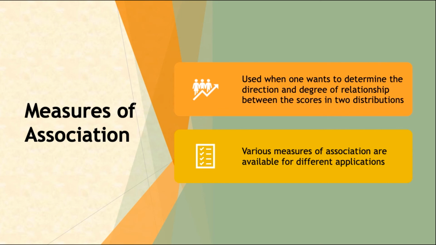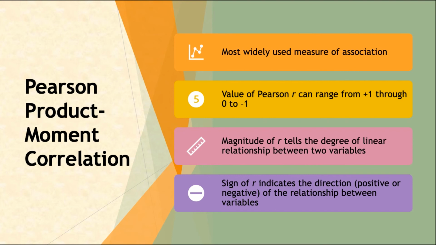So the first one we have is the Pearson product moment correlation, or Pearson correlation. The most widely used measure of association is the Pearson product moment correlation coefficient, or Pearson r. You would use it when you scale your dependent measures on an interval or a ratio scale. The Pearson correlation coefficient provides an index of the direction and the magnitude of the relationship between two sets of scores.